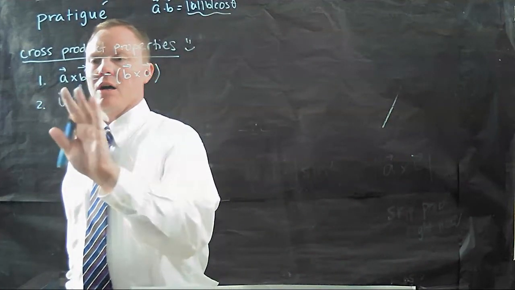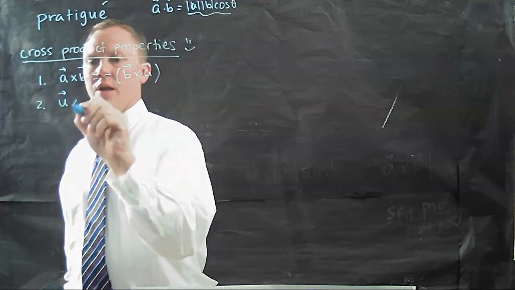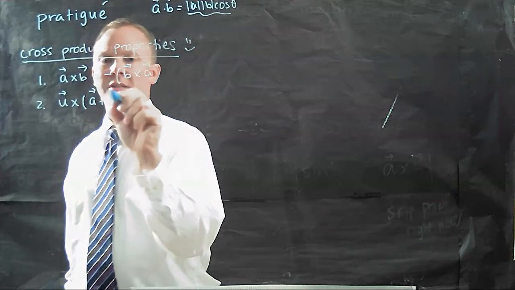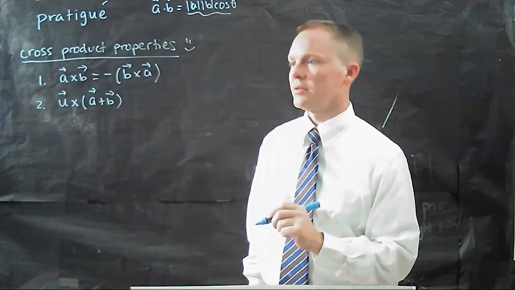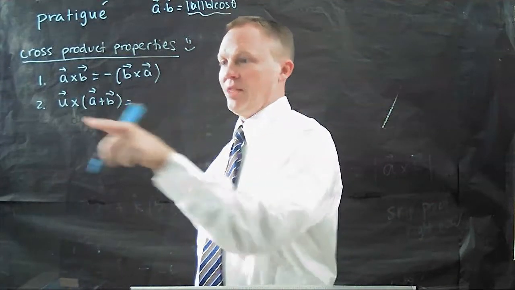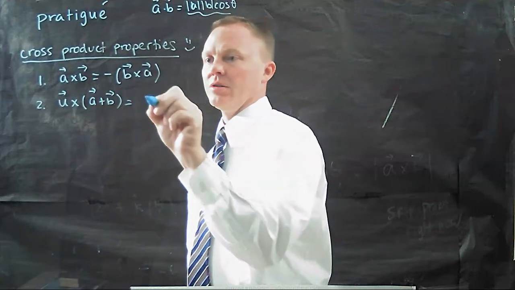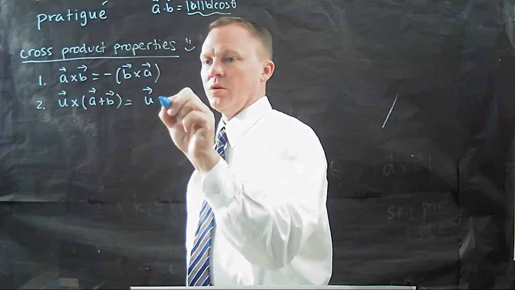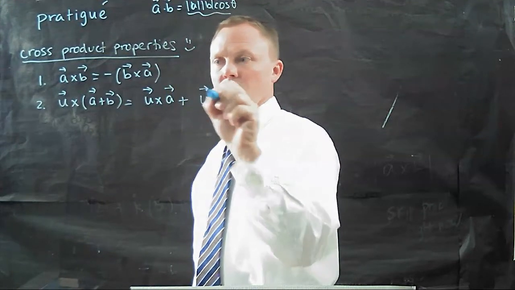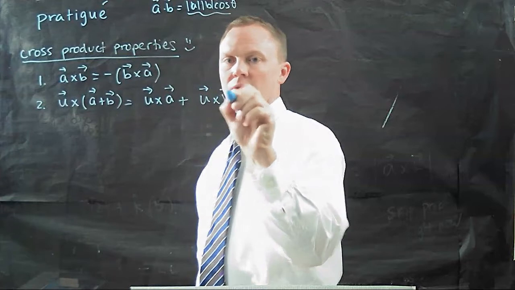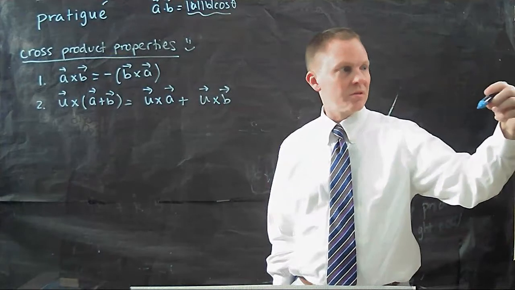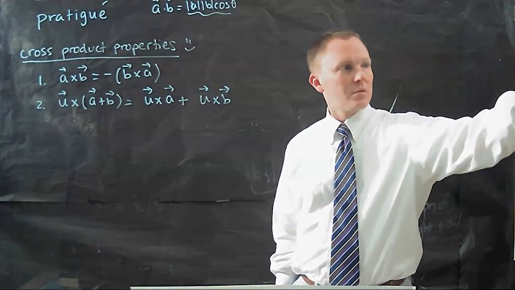Let's say I take vector U and cross it with two vectors that I'm adding together. This distributes over addition, so that's going to equal U cross A plus U cross B. You see what I mean by it distributes over addition?